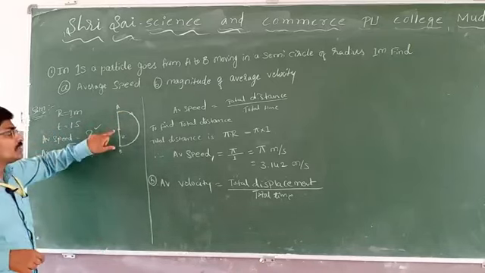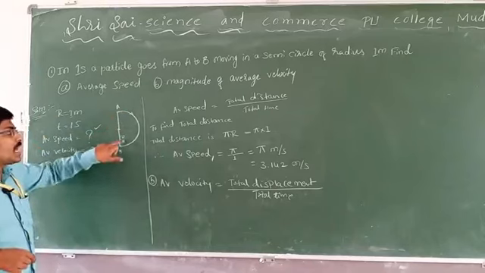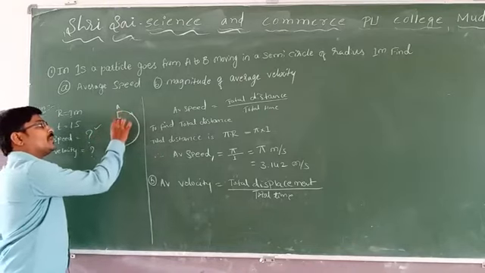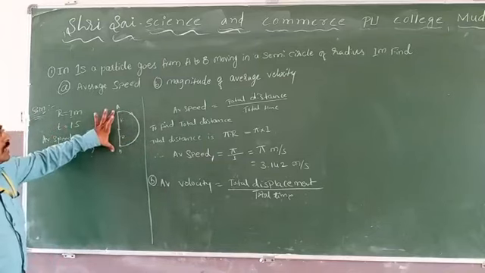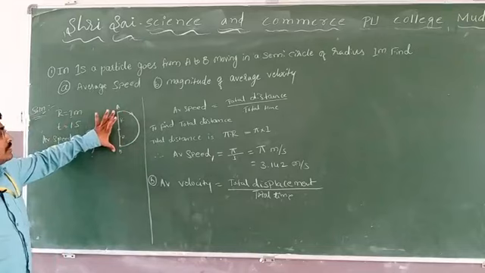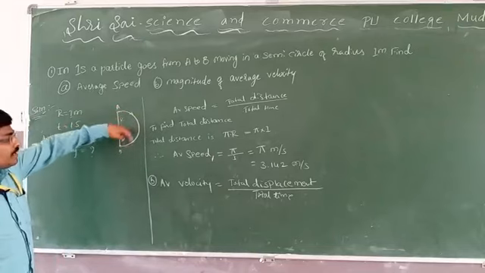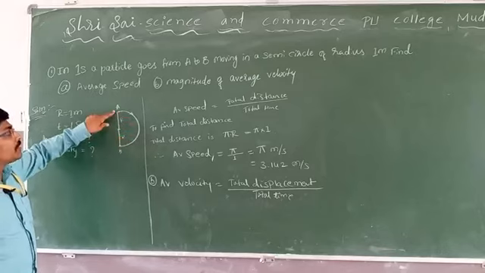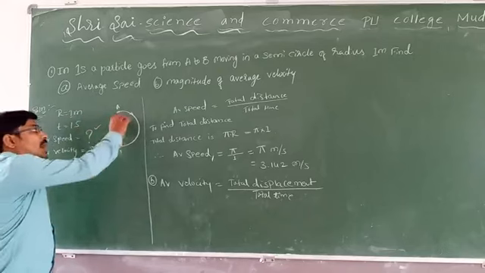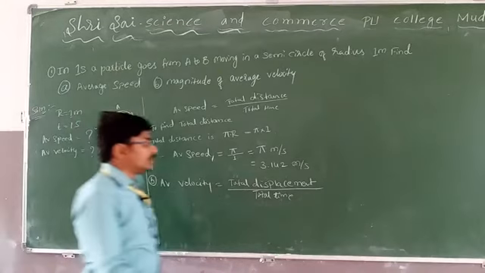From O, this center point, to B is the R value. From the center point to A, again R. Total how much is it? 2R. Total AB is 2R. Remember, A to B, if we go along the semicircle, its distance is pi R. But directly between A and B, it is R plus R, total 2R.